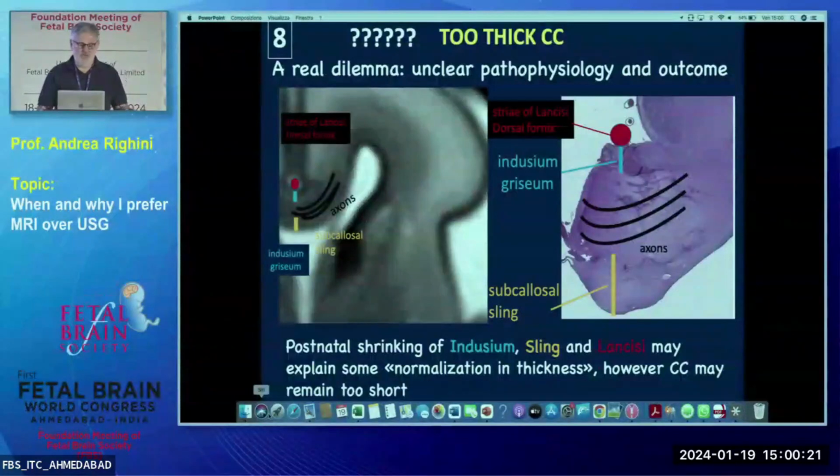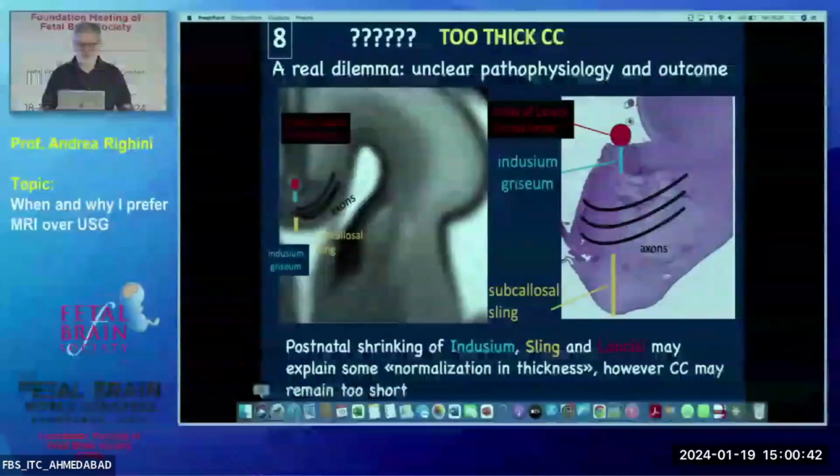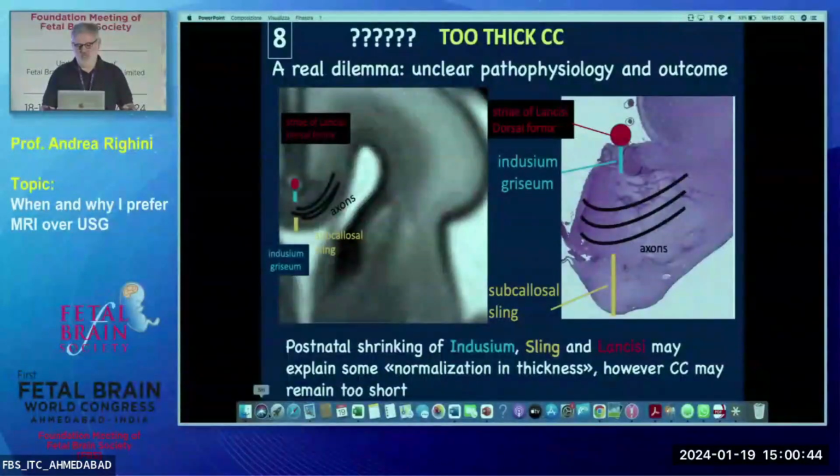And of course, sometimes you also get a more prominent stria of Lancisi, which is the dorsal fornix. We don't have fetal data about it, actually I have one histology case, I haven't yet. But this dorsal fornix is funny because it's been neglected for centuries. It was described by Lancisi, an old Italian anatomist.